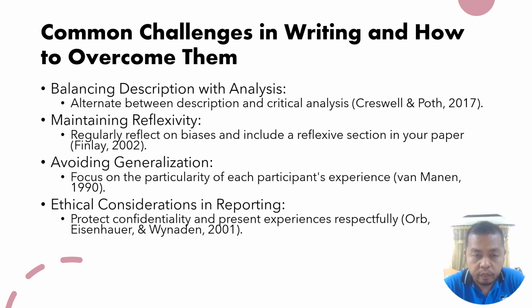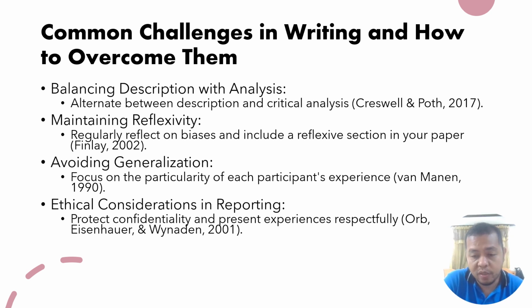And then the last challenge is the ethical considerations in reporting. So the solution here is protect participants' confidentiality and present their experiences with sensitivity and respect. So use pseudonyms and avoid including details that can inadvertently identify participants. So you have to make sure.